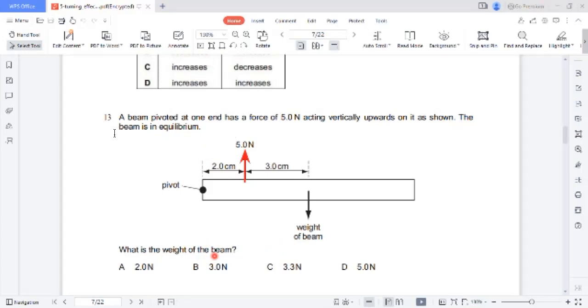What is the weight of the beam? We know that. Let's calculate the moments generated in the beam. The clockwise moments and anti-clockwise moments are equal.